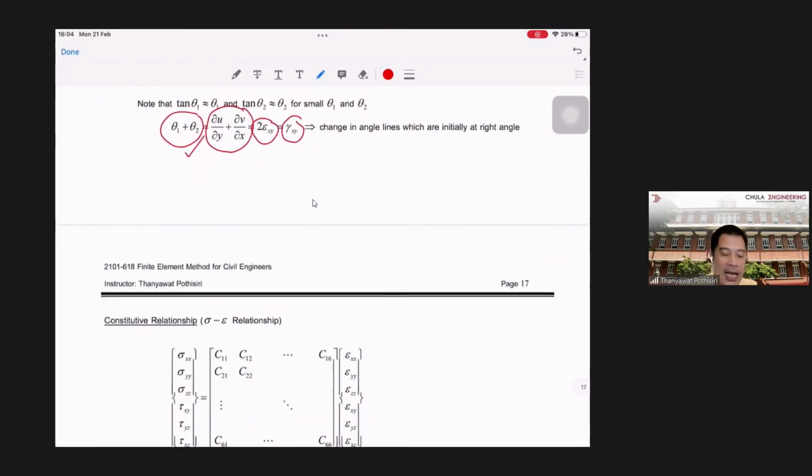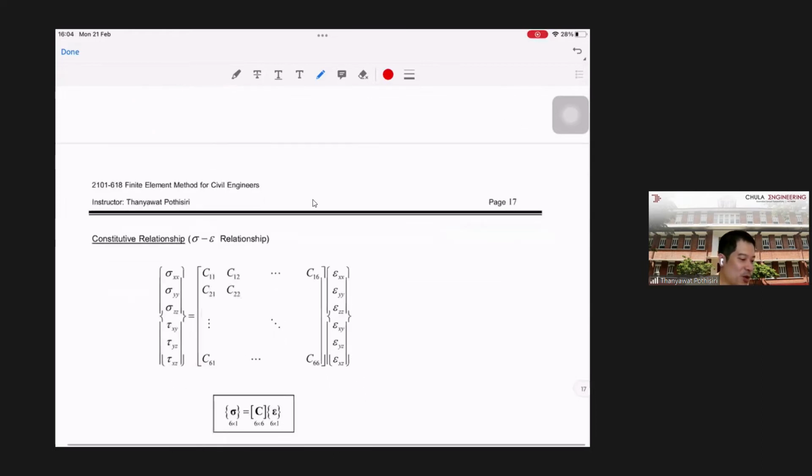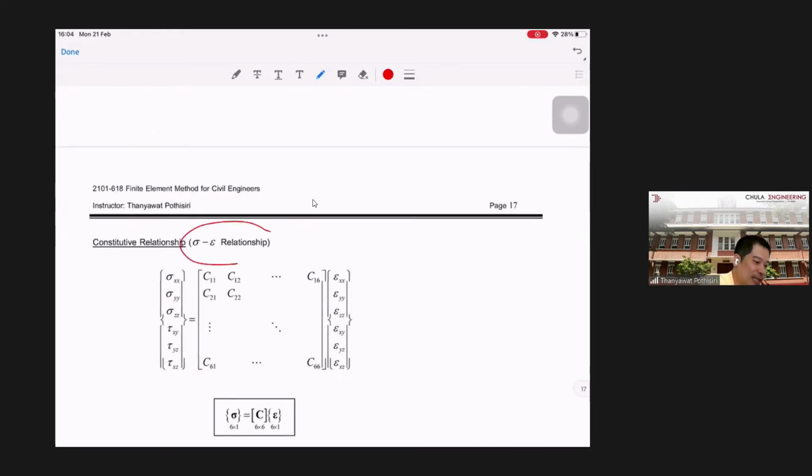Now that we have the strain concept, the stress concept, and the equilibrium concept, you also need the relationship between the stress and strain. This relationship is usually referred to as the constitutive relationship.